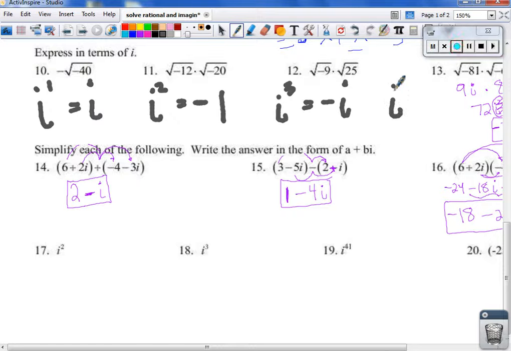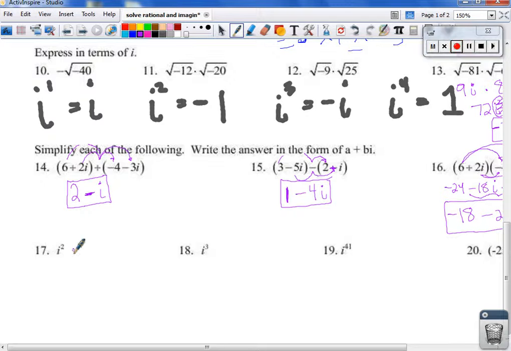And i to the fourth power is positive 1. Those are the only 4 values you're ever going to get. i, negative 1, negative i, or positive 1. Okay, and they're cyclical. So i to the 5th is the same thing as i to the 1st, or just i. i to the 6th is negative 1. Because it goes in order. It cycles through.